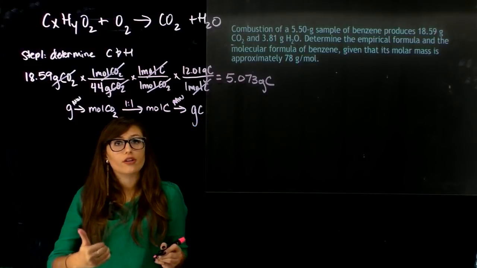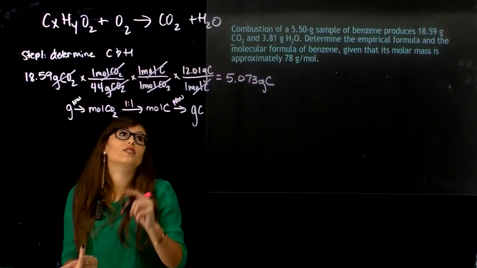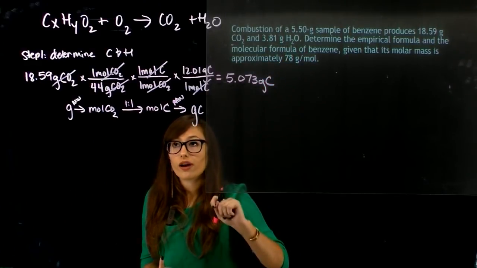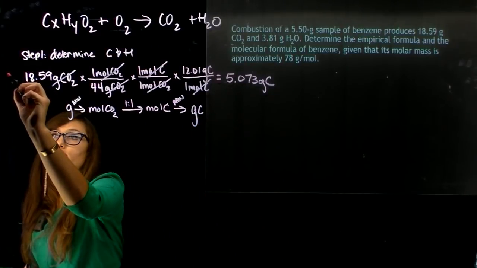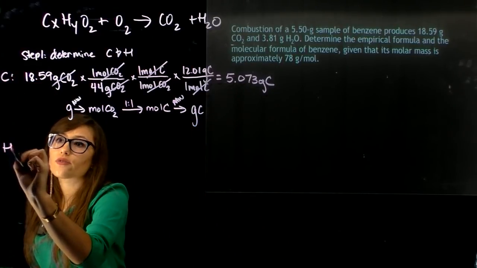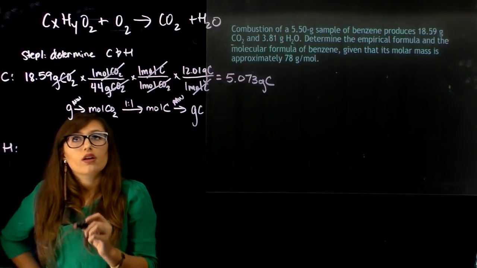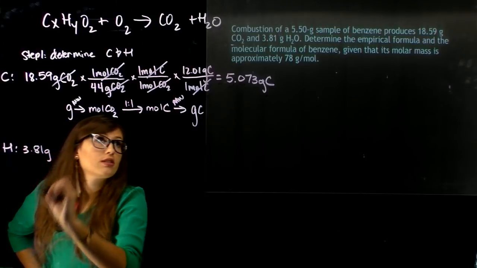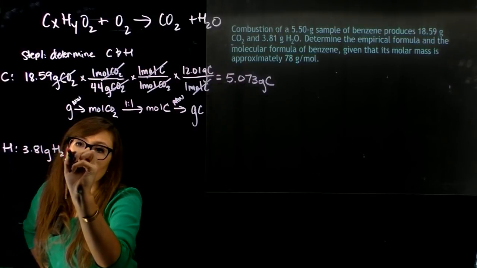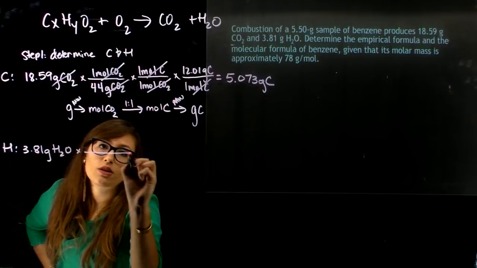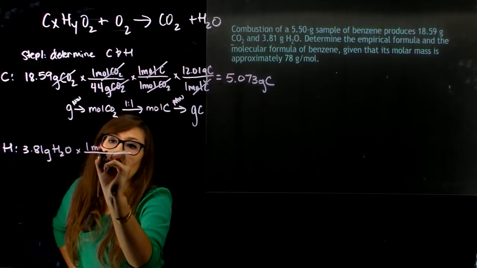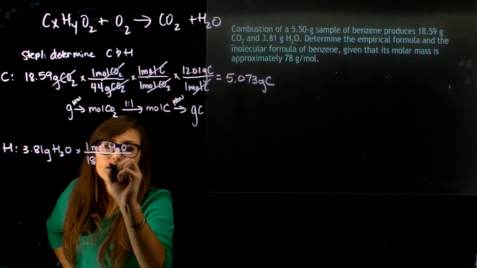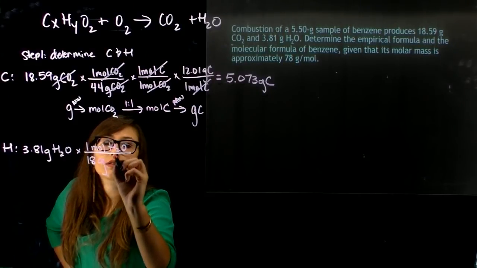I'm going to follow the same exact think map for water. However, in the case of water, it's a 1-to-2 relationship: for every 1 mole of water, we have 2 moles of hydrogen. So this was for carbon; now let's do this for hydrogen. We start off with a sample of 3.81 grams of water, multiplied by the molecular weight of water: 1 mole of water is roughly 18 grams.